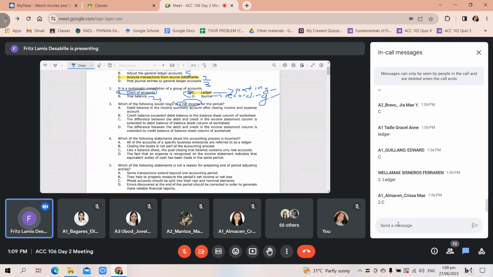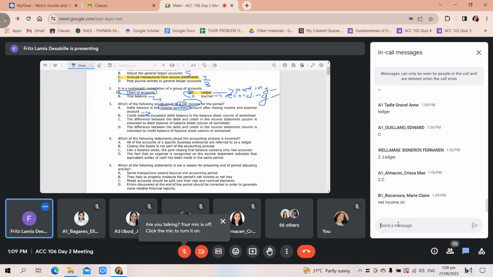So if the income summary account has a debit balance, what does this pertain to? What does it mean? If there is a debit balance in the income summary after closing the income accounts and the expense accounts, is this a net income or a net loss? Net income, guys, or net loss?